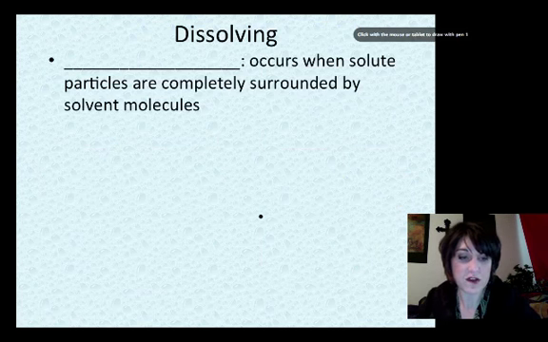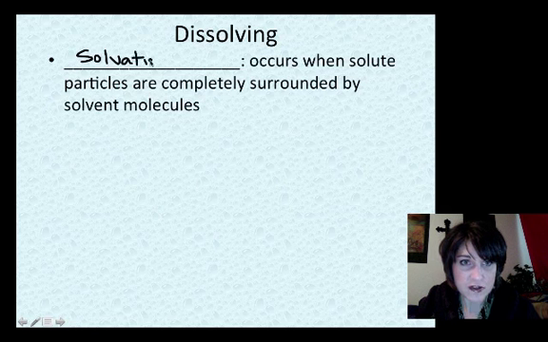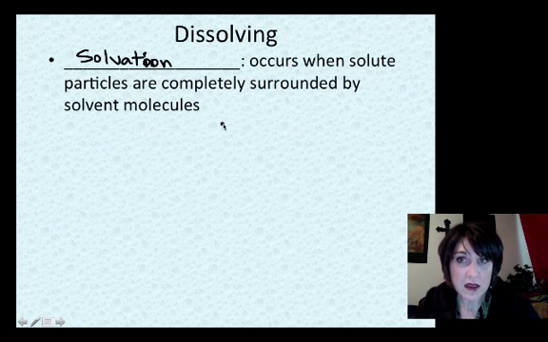The process of dissolving starts with solvation. It's a generic term for any solvent. Solvation happens when a solute particle gets completely surrounded by solvent molecules.